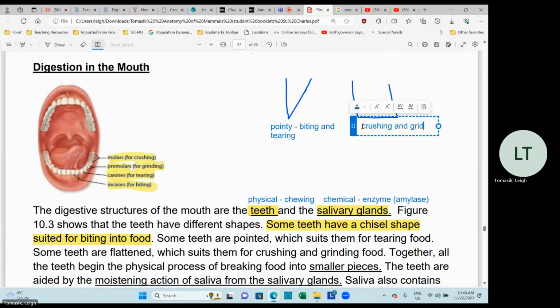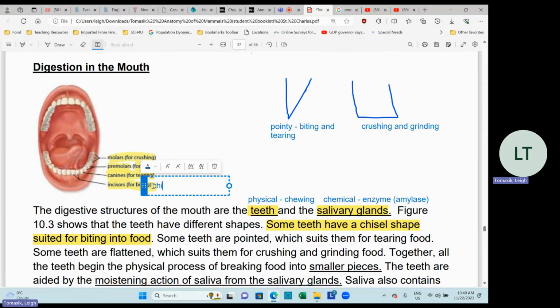You're all laughing at my drawings. I don't care. Okay, so if they're pointed, they tear food. Sorry, if they're chisel shaped, they are for biting. So that's the incisors. We call those chisel shaped. We call these ones pointy.